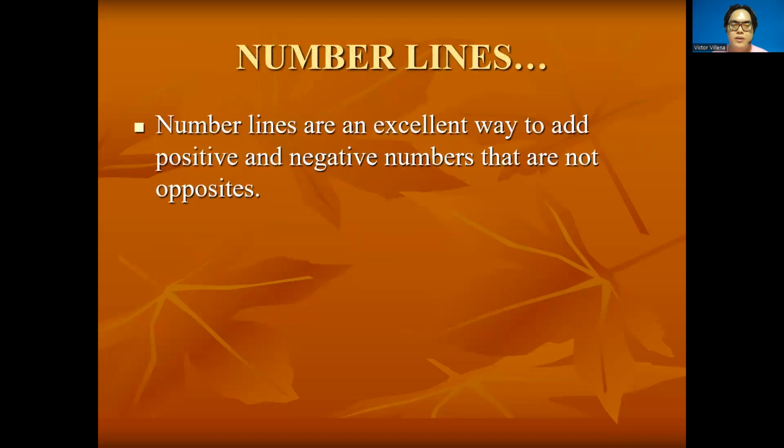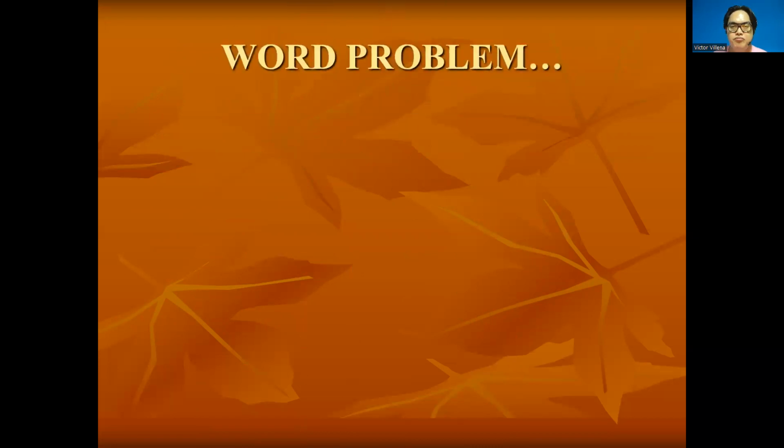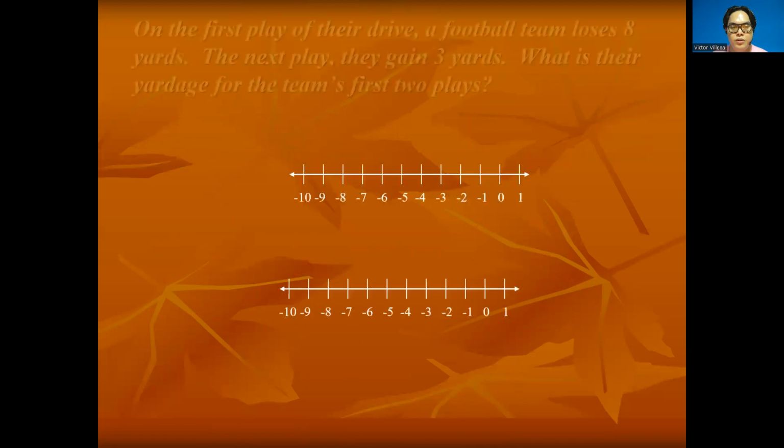So number lines. Number lines are an excellent way to add positive and negative numbers that are not opposites. So this is the number line. Word problem. To make use of the number line that I have shown earlier, we will solve a word problem.